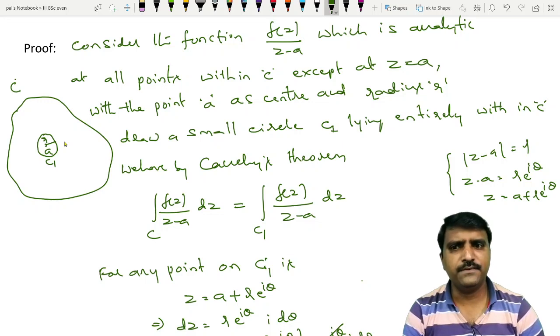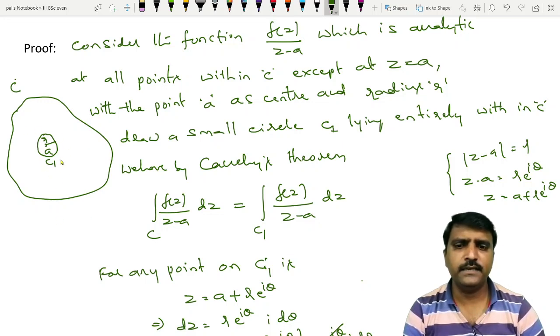If it is an analytic function, we can use the second consequence of Cauchy's theorem. In this region, C1 and C2 are two closed curves, and C2 lies entirely inside C1.